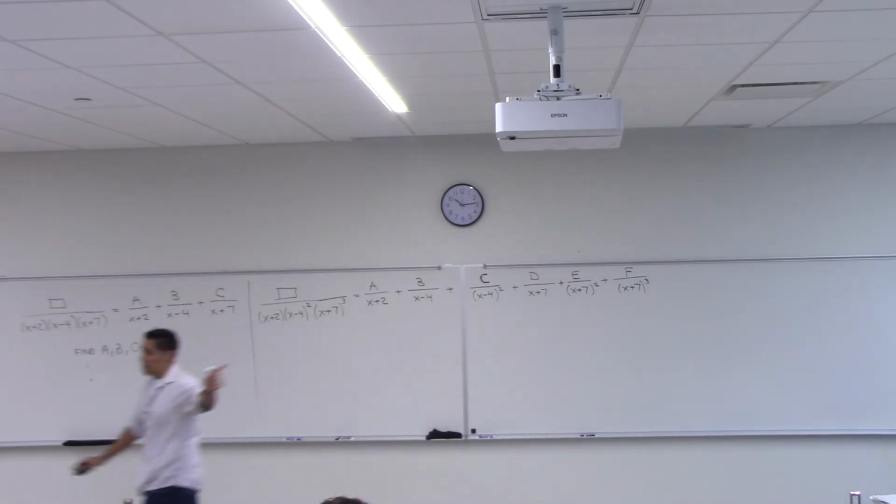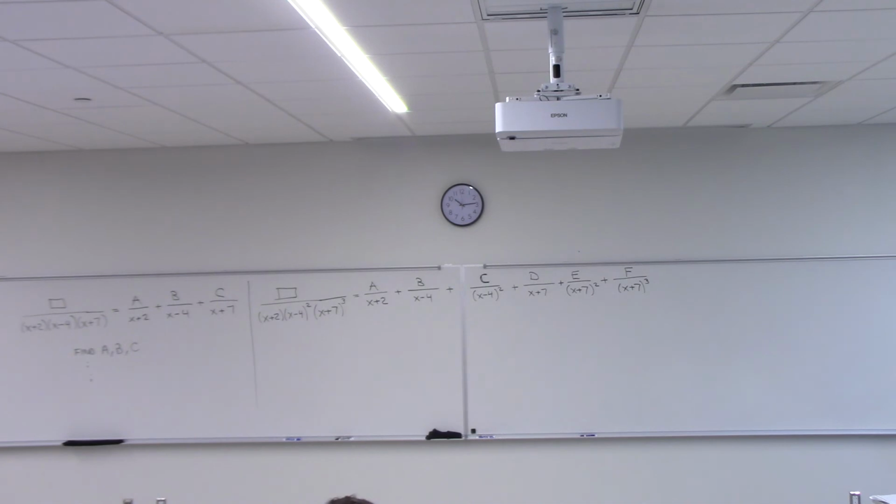I know it's hard to see back there, but it's saying if you have some polynomial on top, who cares what it is, and you have a bunch of linear factors on the bottom, you're just going to put a letter over that first linear factor, another letter over the second linear factor, another letter over the third. For each linear factor, you're just going to put a letter on top.